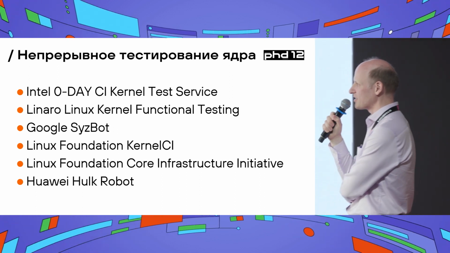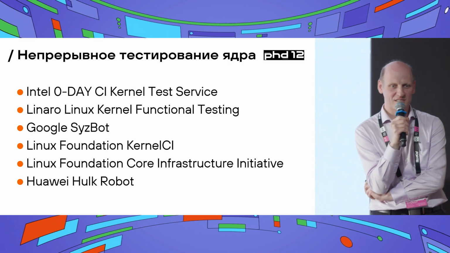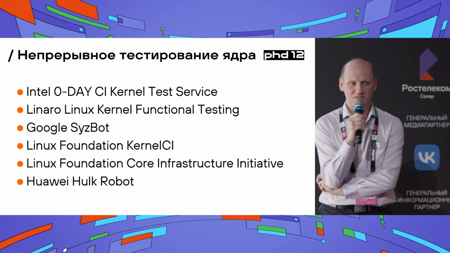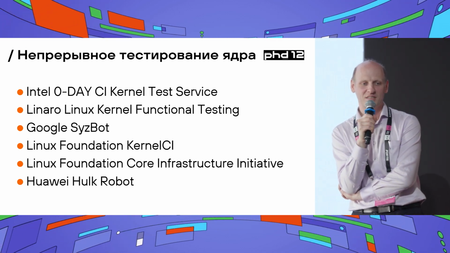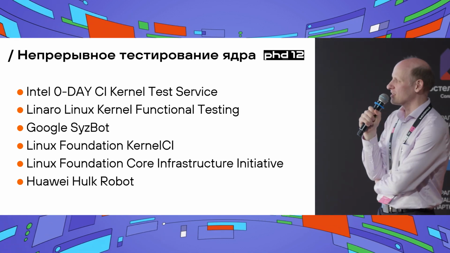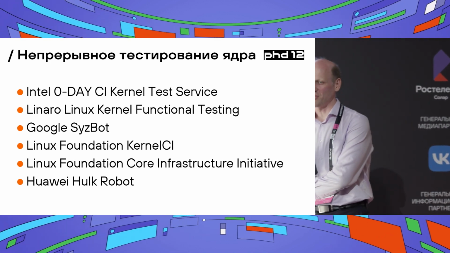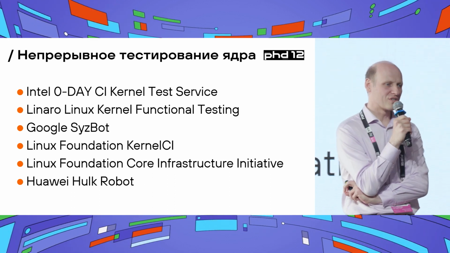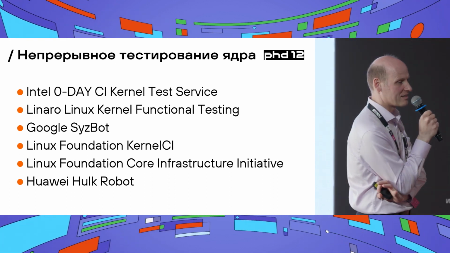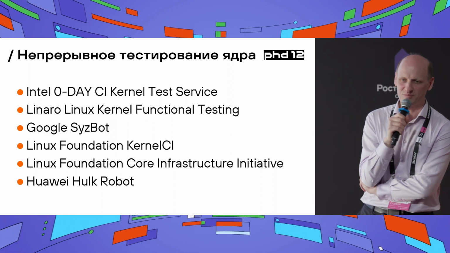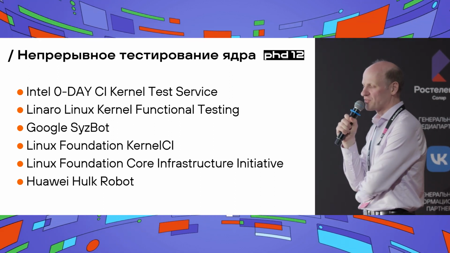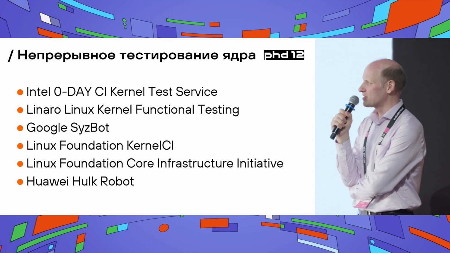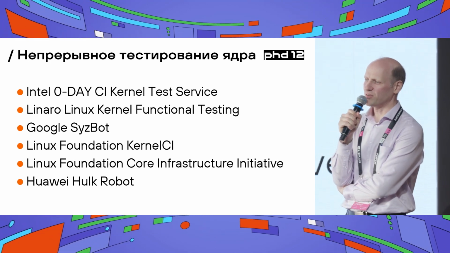So the situation has evolved a lot in the past 15 years. A lot of new continuous integration systems came up, starting from kernel bots from Intel and Google Sysbot that work quite well and can detect at the level of sending patches to kernel and can give feedback to the developer.